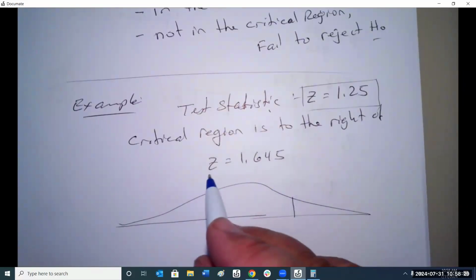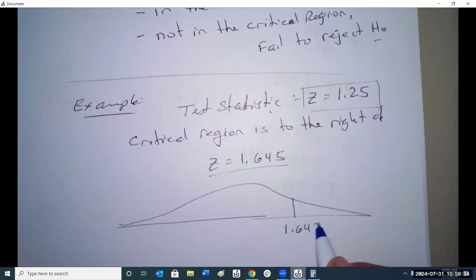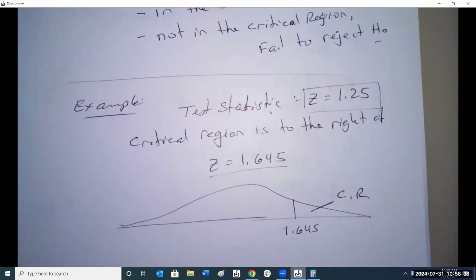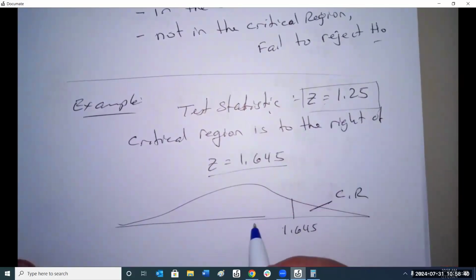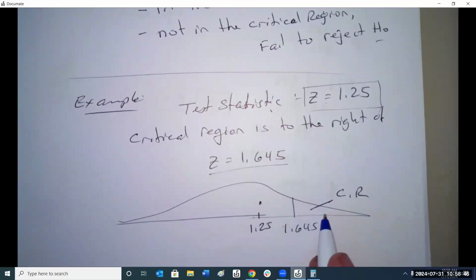Our critical region is anything bigger than 1.645. This is my critical region. My test statistic gave me a value at 1.25. It's not in the tail. So what do we do?